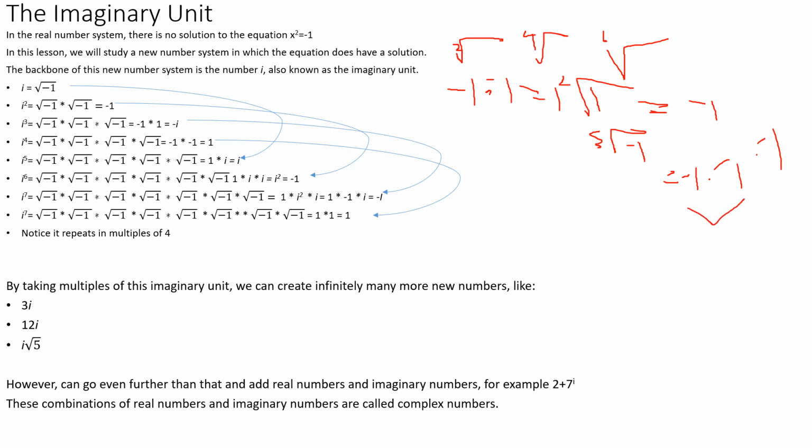But -1 times -1 is 1, and then 1 times -1 goes back to -1. So if it's an odd root number, like 3, 5, 7, we can have negatives for the result. But if it's even, like 2, 4, 6, that makes all the negatives become positive.